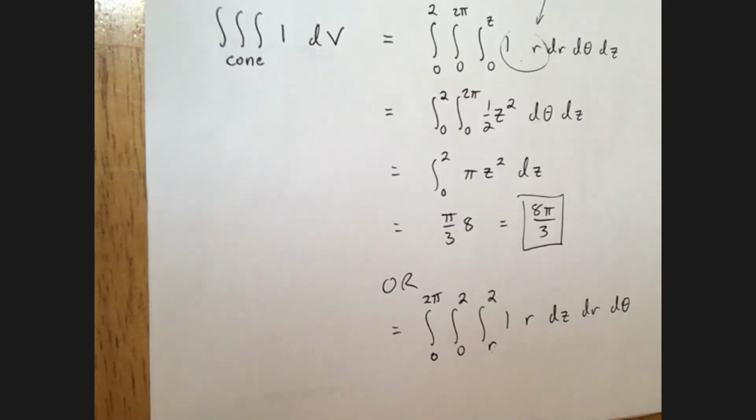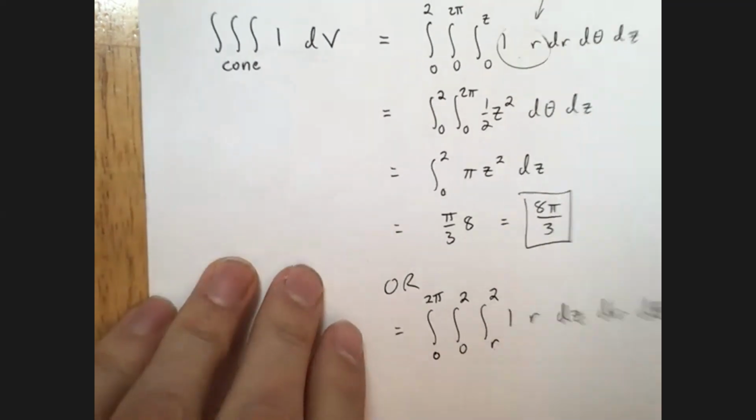Okay, so that's it for cylindrical coordinates. So what we're going to do next is spherical coordinates. This is another way to extend the idea of polar coordinates into 3 dimensions.